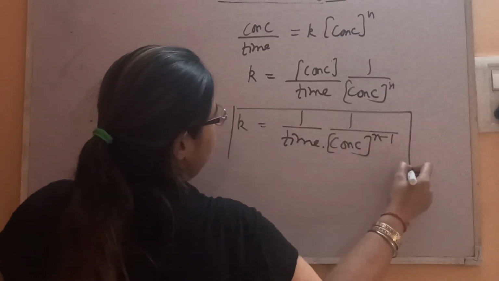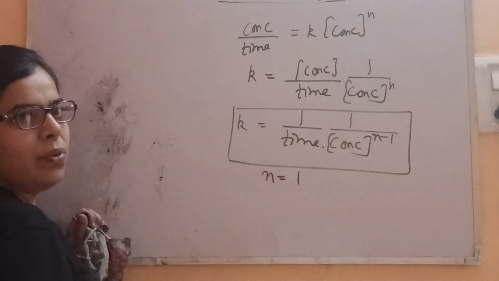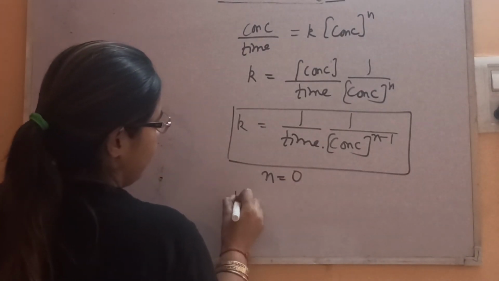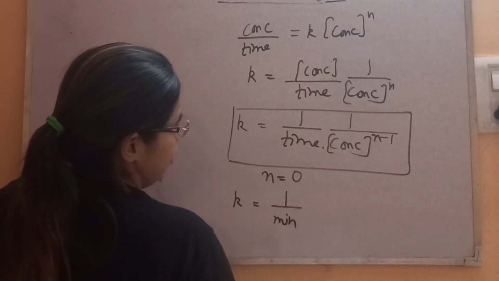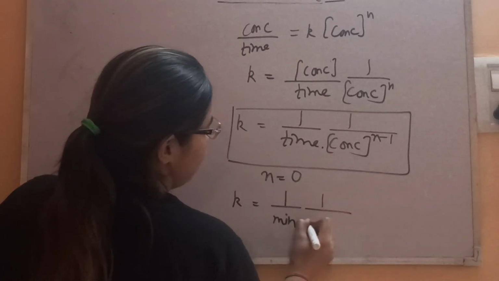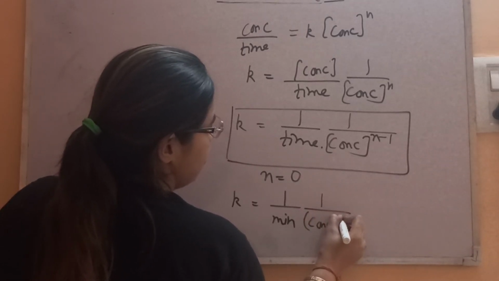Now let's say if n is 0, then what will be the unit for the rate constant? Time, let's say it is in minutes. Then concentration to the power 0 minus 1.